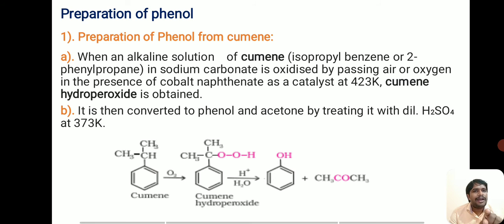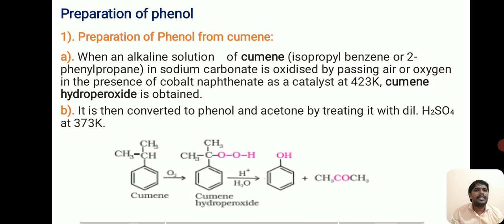When cumene in an alkaline solution of sodium carbonate is oxidized by passing air or oxygen in the presence of cobalt naphthenate as a catalyst at 423 Kelvin, cumene hydroperoxide is obtained.